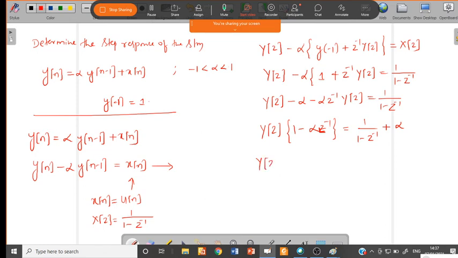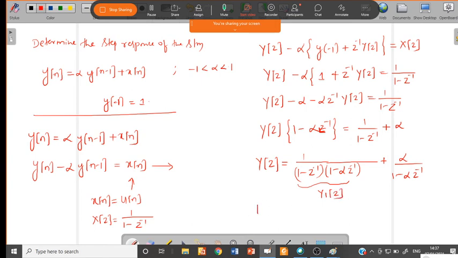Now what is y of z? So y of z is nothing but 1 over 1 minus z inverse into 1 minus alpha into z inverse, okay, plus alpha by 1 minus alpha into z inverse. Okay, so now we can use the partial fraction again for this one. Okay, we can take it as this one, y1 of z.